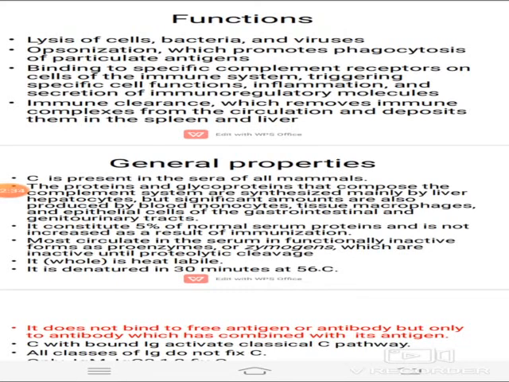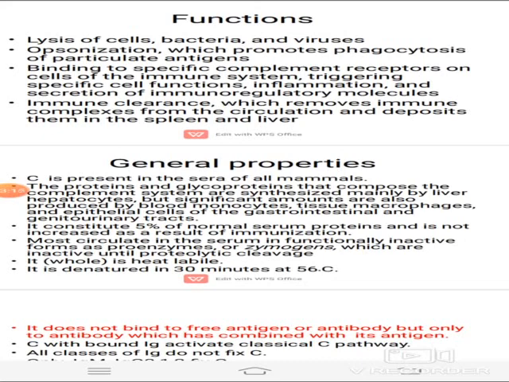The proteins and glycoproteins that compose the complement system are synthesized mainly by liver hepatocytes, but significant amounts are also produced by blood monocytes, tissue macrophages, and epithelial cells of the gastrointestinal and genitourinary tracts. In normal serum proteins, it constitutes 5%, and it is not increased as a result of immunization.